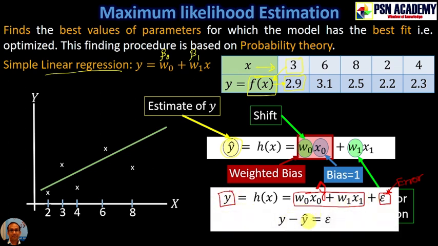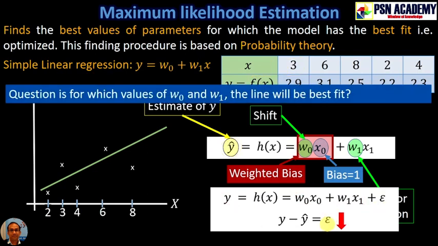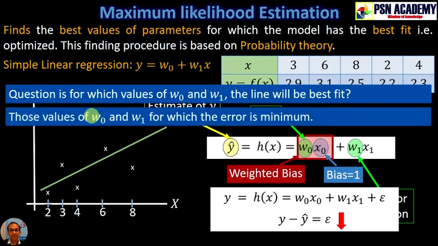So y minus y hat is your epsilon, that is your error. So we have to minimize this error to get the best fit. So the question is, for which values of w0 and w1 will the line best fit? Those values of w0 and w1 for which the error is minimum.